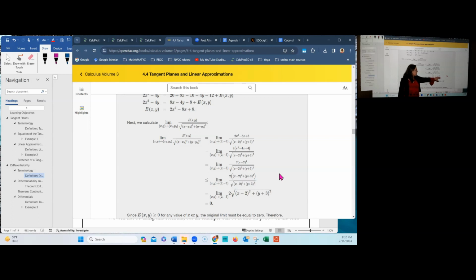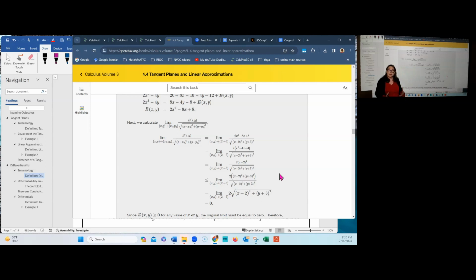However, this gives us the same expression that we see underneath the radical. And then we're able to reduce them, giving us 2 times the square root of quantity x minus 2 squared plus the quantity y plus 3 squared.